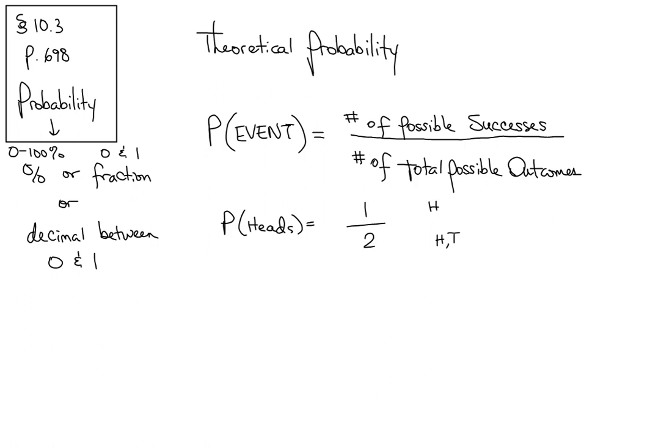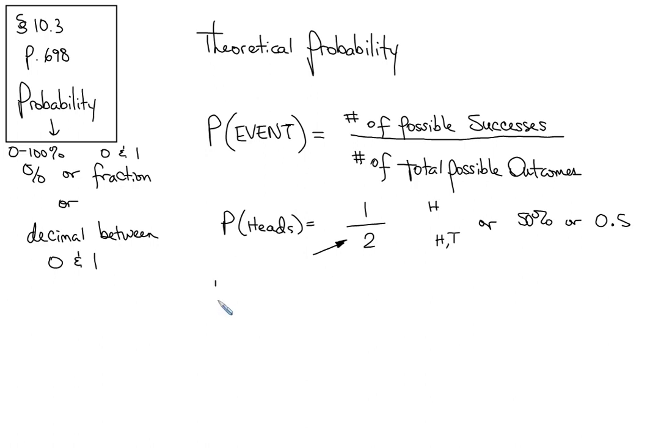So the probability of throwing a fair two-sided coin and getting a heads is 1 out of 2, or 50%, or 0.5. Okay, it can be written as any of these. Typically, we're going to stick with this, unless it tells us otherwise. Okay? But any of those are acceptable. Questions about that?